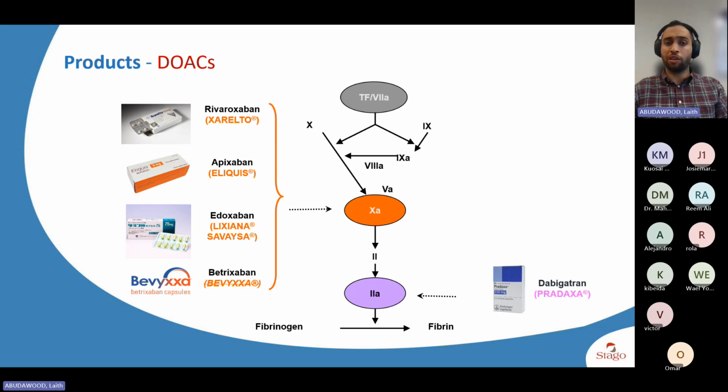So we have rivaroxaban, apixaban, edoxaban, and betrixaban, which is actually discontinued for commercial purposes, so we will not cover that part. All of these are direct inhibitors of factor 10A. Finally, we have dabigatran, which is a thrombin inhibitor. The commercial name is Pradaxa, but we will not cover dabigatran much. This is about anti-10A.